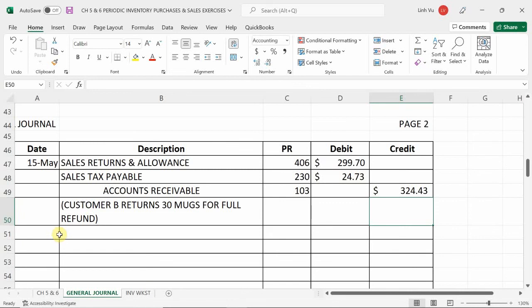If the customer's returning the product, what do I do with those coffee mugs?